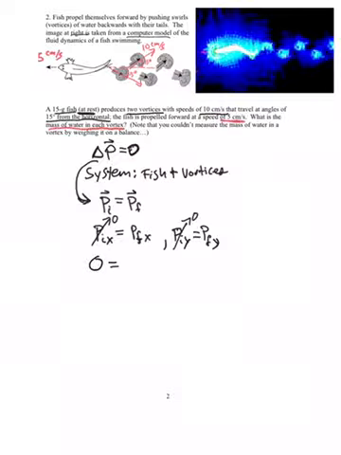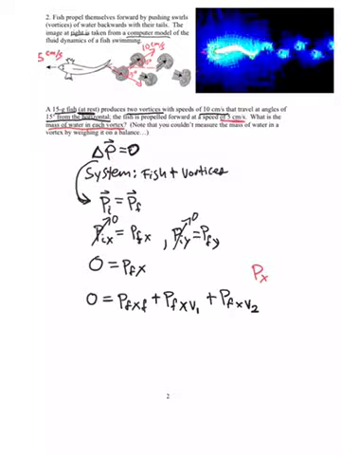We have 0 equal to the final momentum in the x direction, which we can break apart into the fish momentum plus the momentum of vortex 1 plus the momentum of vortex 2. We know that momentum in the x direction is equal to the mass times the velocity in the x direction.